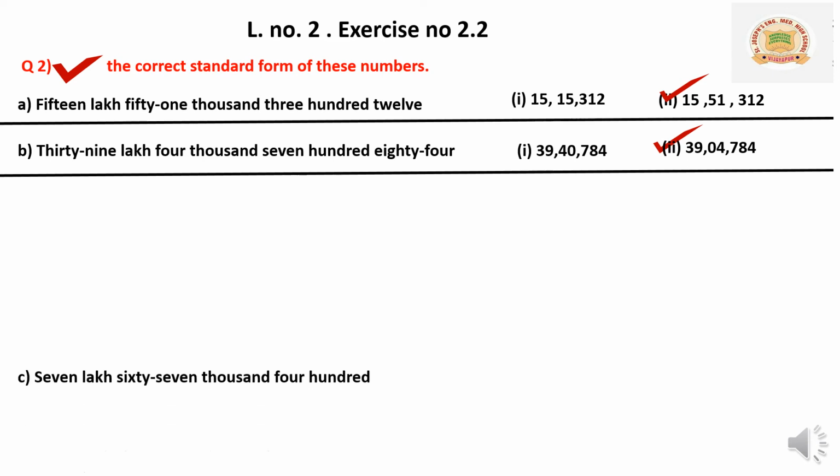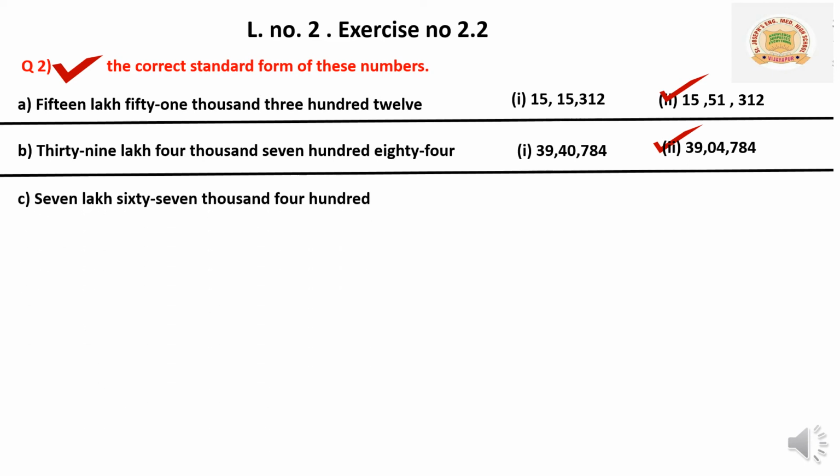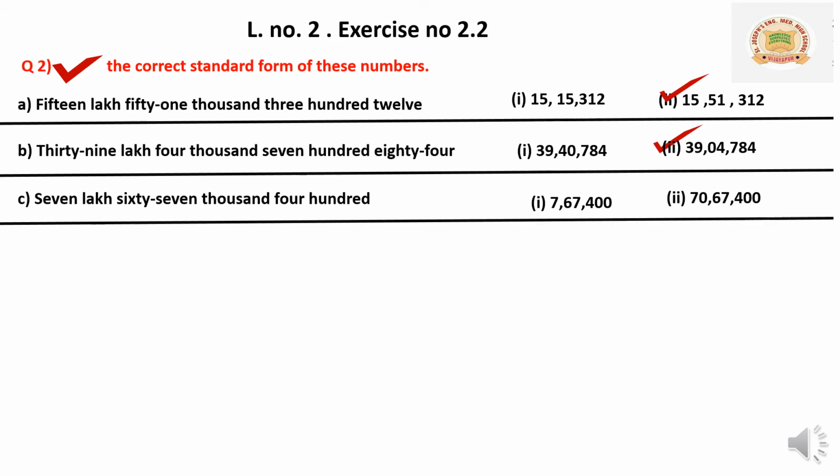Now question number C. 7,67,400. What is the question? 7,67,400. Let us take the options. These are the 2 options given here.